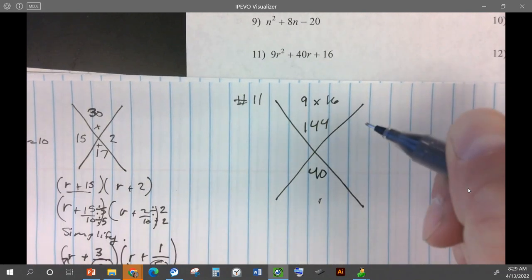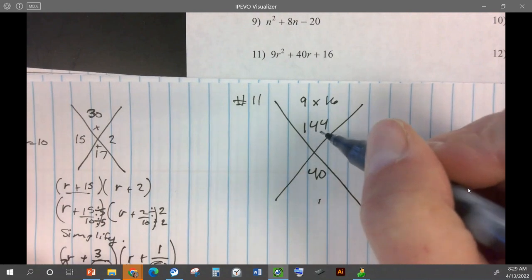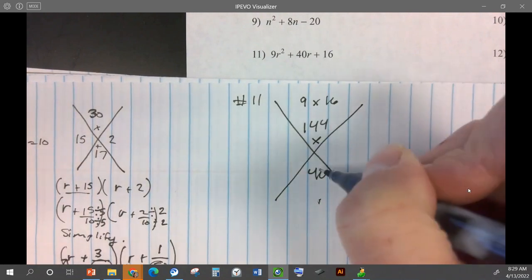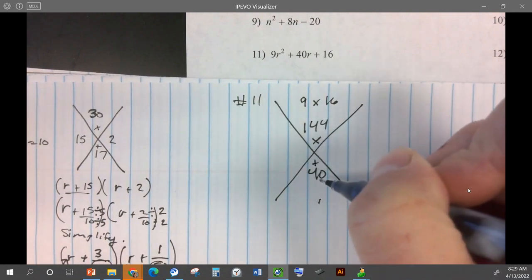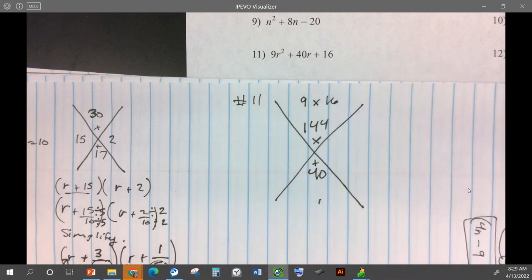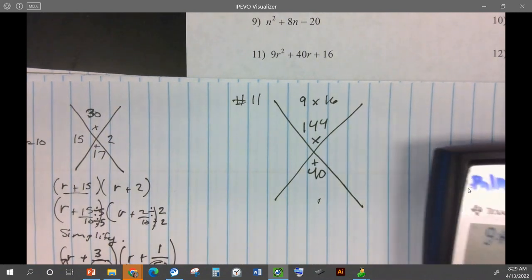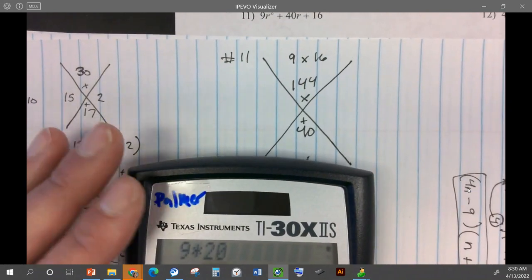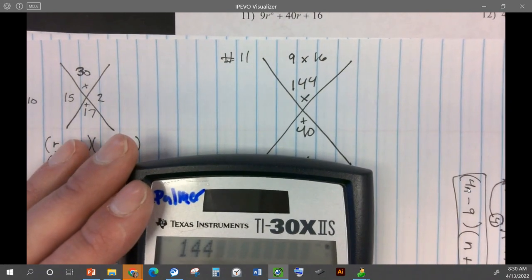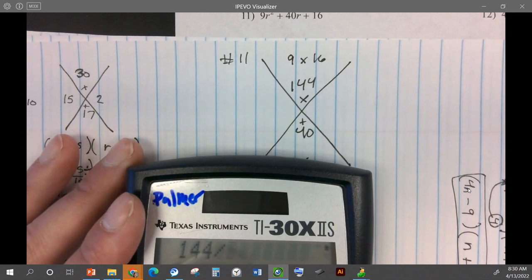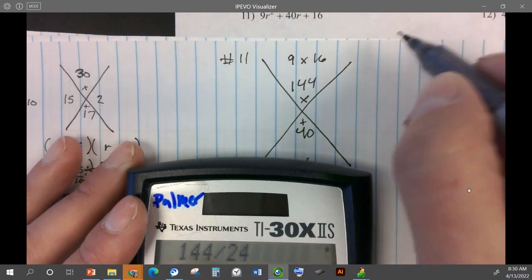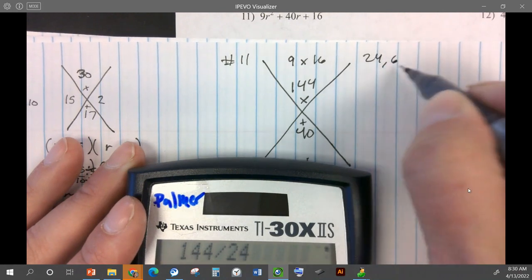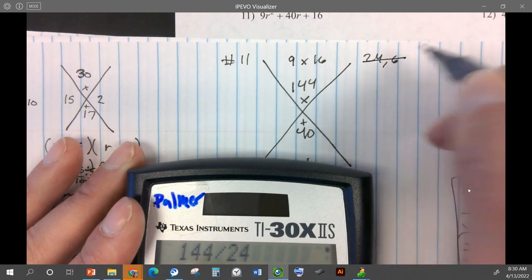Okay, so then we need numbers that multiply to give us 144 and add to give us 40. I don't know that. So if I just take 144 and start dividing it by numbers, I wonder if 24 will go in there. So 24 and 6, but those aren't 40 apart, so that didn't work.